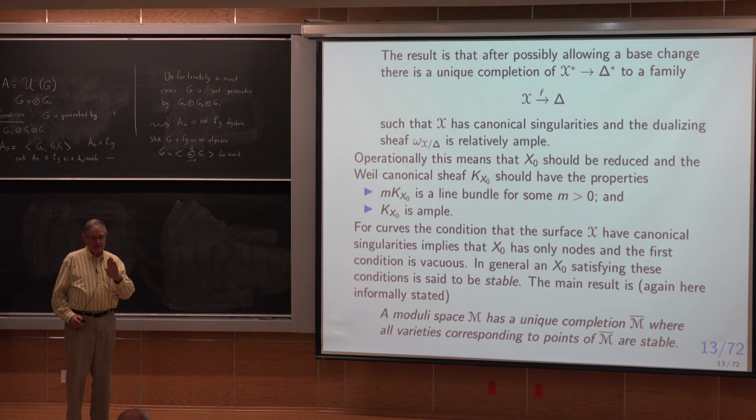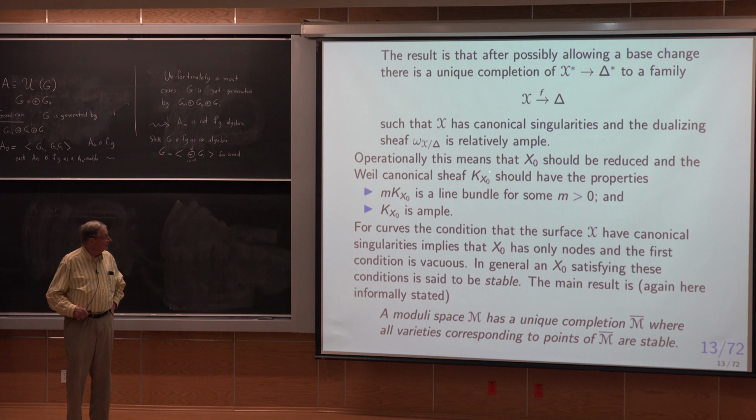So think of that as, even in the limit, the variety remains of general type, but where you're allowing your differentials to have some singularities. So a moduli space has a unique completion where a variety that has these properties that you use to fill in the origin is stable.